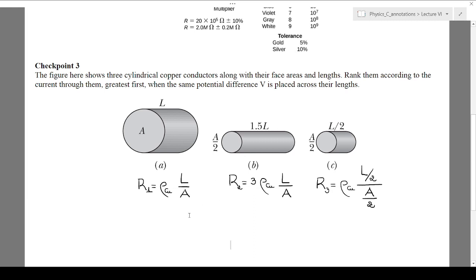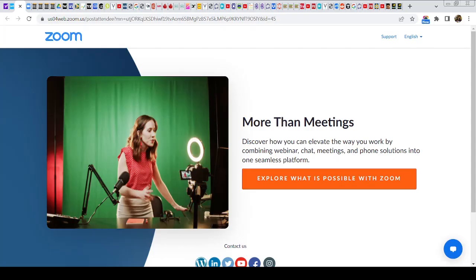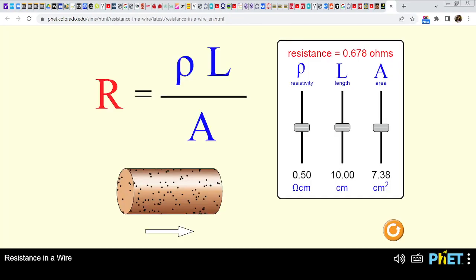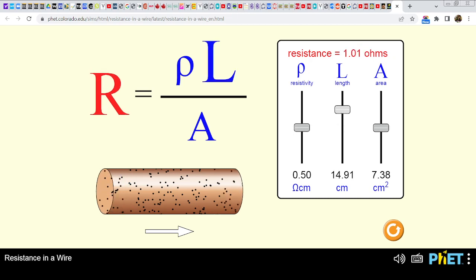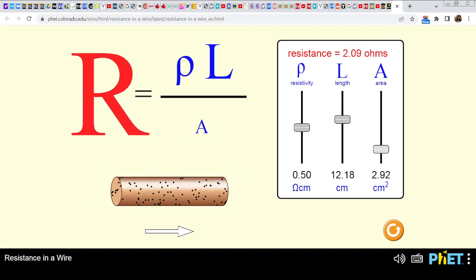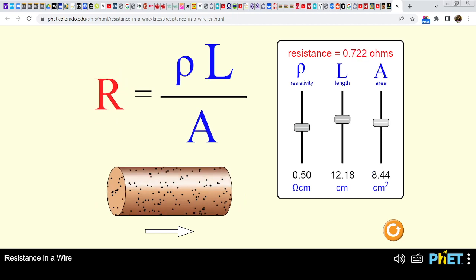Again, this is what you used to do in high school, analyzing these kinds of proportions: what happens when we increase the length, or increase or decrease the area, and so on. You can play with this by yourself. Let's move on.